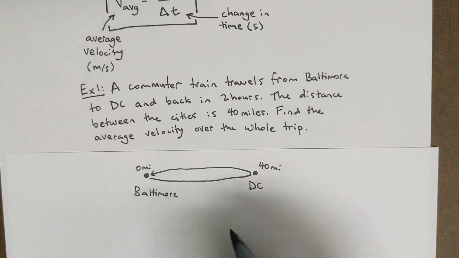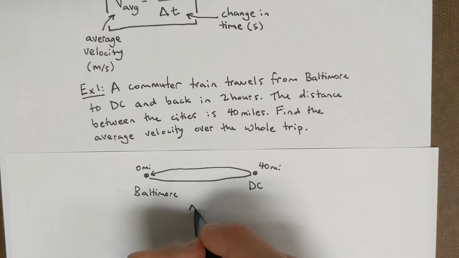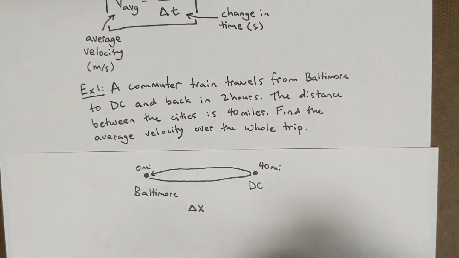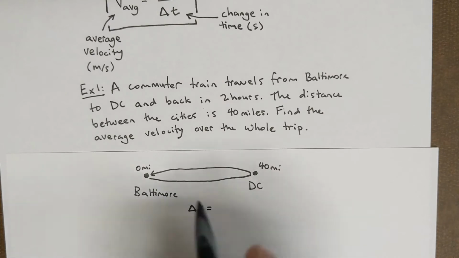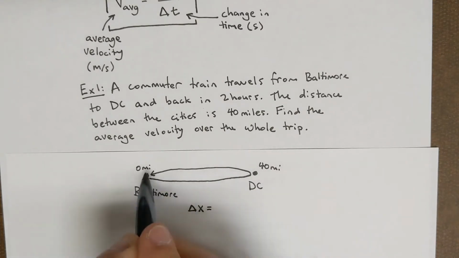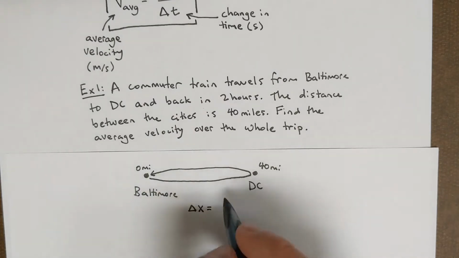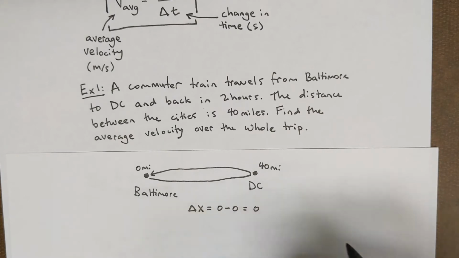Okay, so let's go ahead and break down these pieces of information using the appropriate symbols. So delta x is the change in the position, and remember, delta x, the displacement, only cares about the initial and final positions. So here we're going from Baltimore to DC and back. The initial position and the final position are both in the same location. They're both at 0. So the change in the position is 0 minus 0, which is still 0.